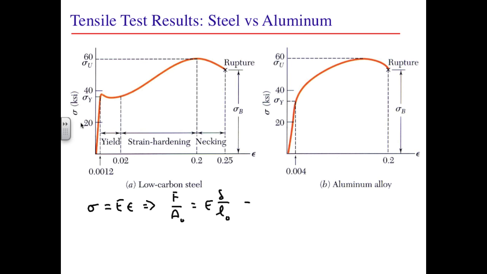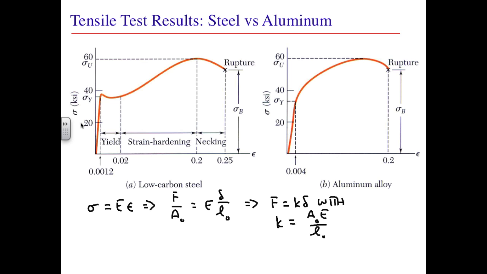What that means is we can write a relationship between force and stretch that looks like our spring relationship, with spring constant K equal to the initial cross-sectional area times the elastic modulus over the initial length.